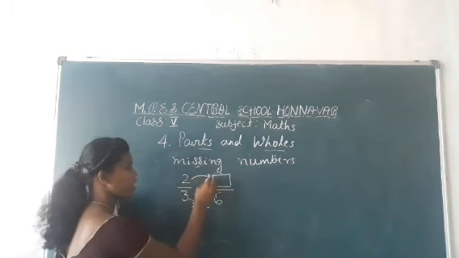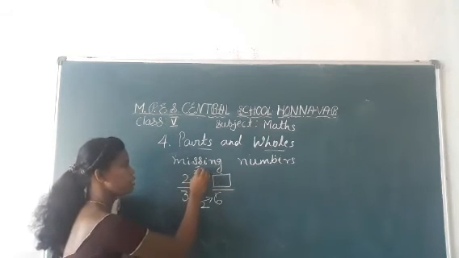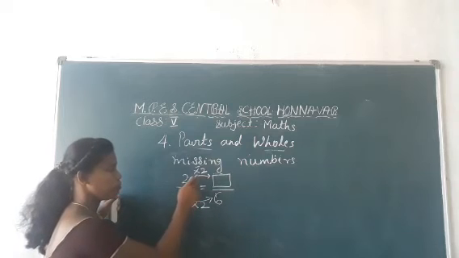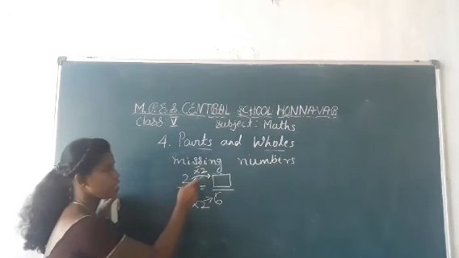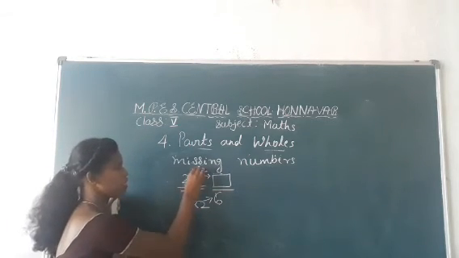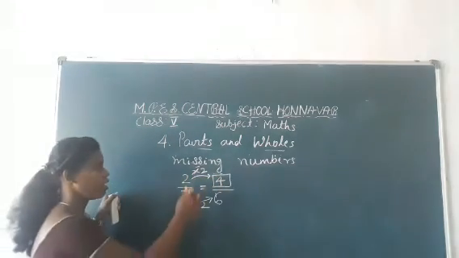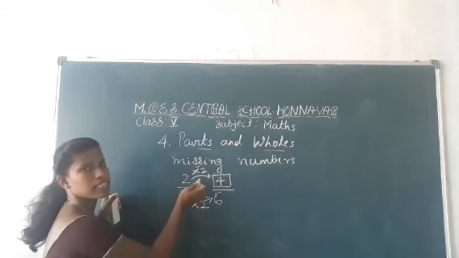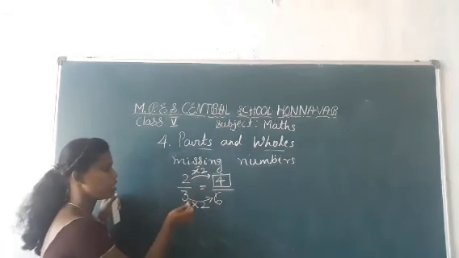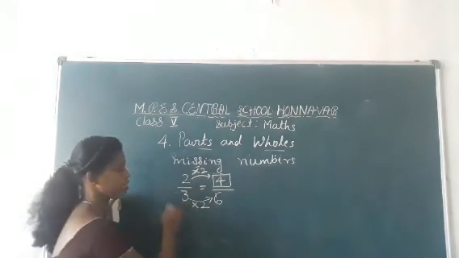So in the numerator also we multiply by the same number, that is 2. What do we get? 2 2s are 4. Here we multiply and divide by the same number in the numerator and also in the denominator.